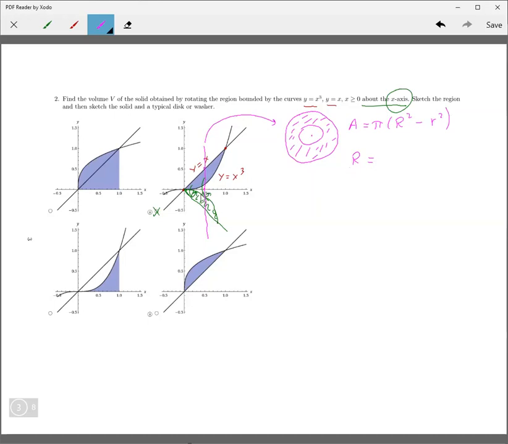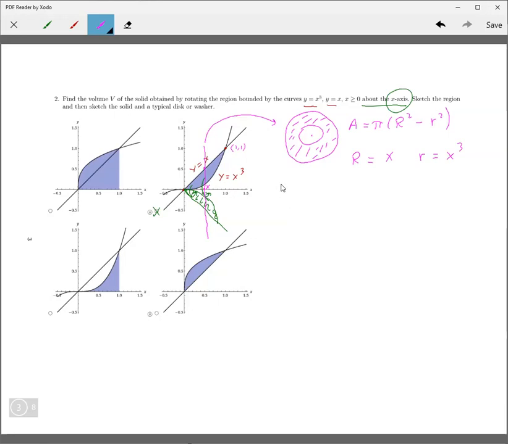The outer radius is x, because y equals x. And then this is y equals x cubed, so the inner radius is x cubed. Now these intersect at the point (1, 1).